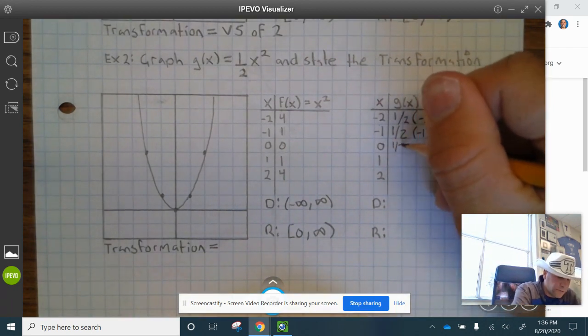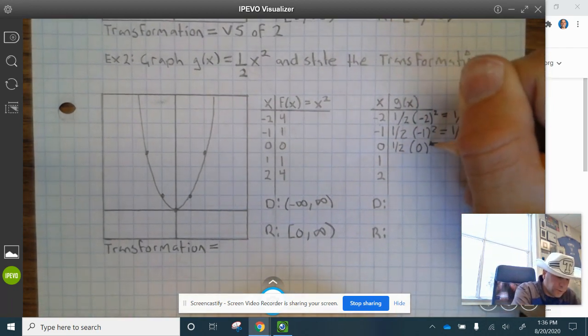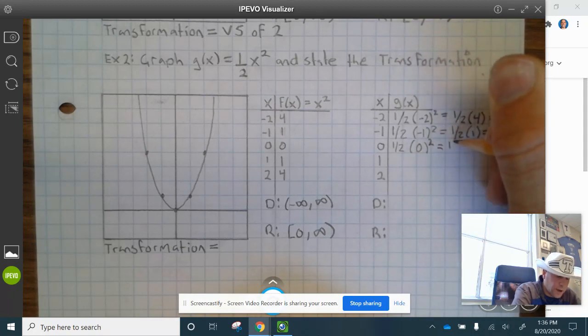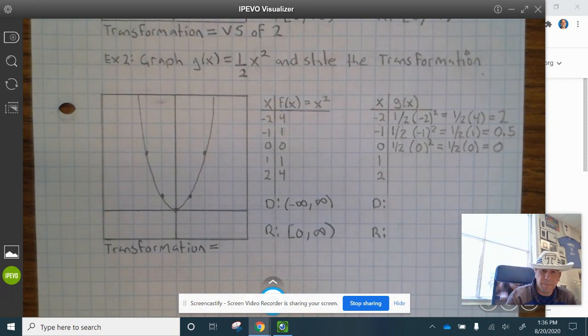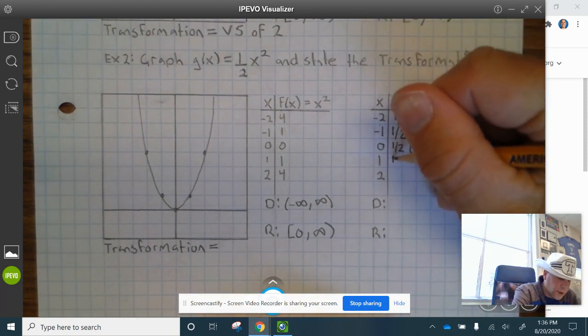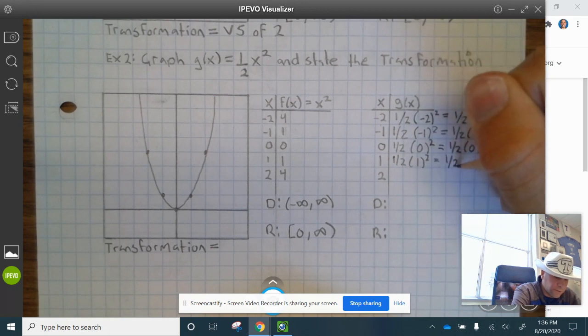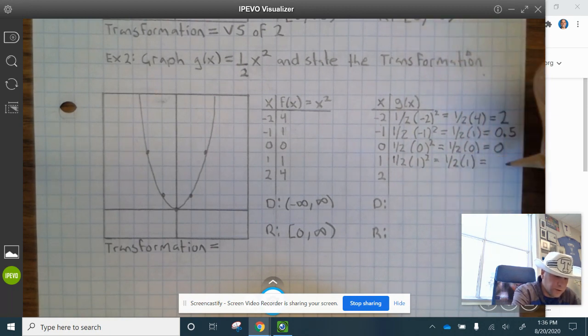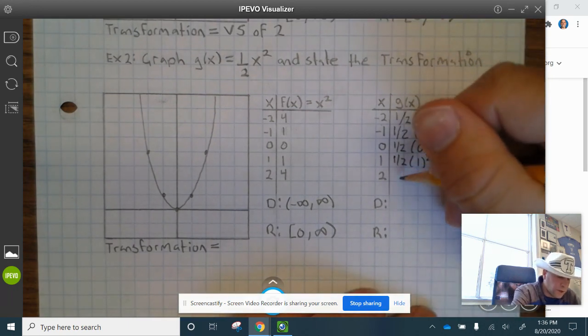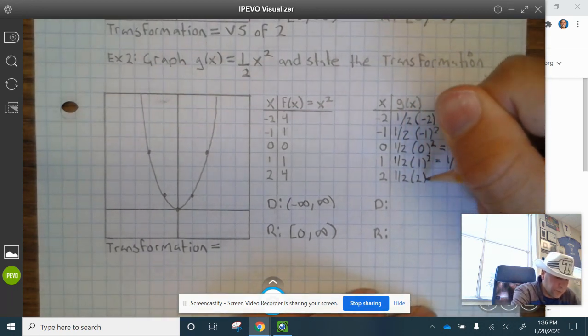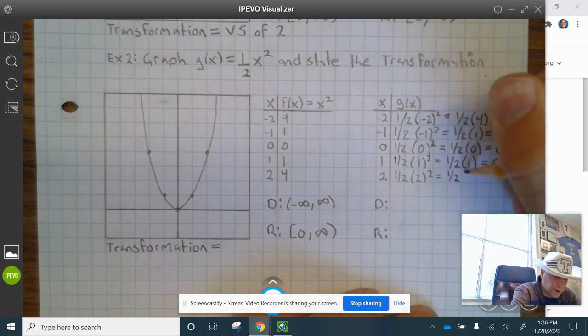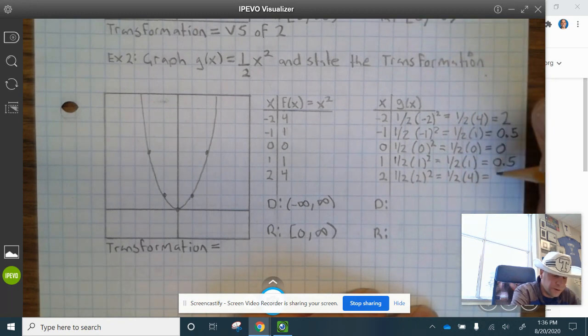Okay, 1/2 times 0 squared is 1/2 times 0, which is 0. Okay, 1/2 times 1 squared equals 1/2 times 1, which is 0.5. Okay, and then 1/2 times 2 squared is 1/2 times 4, which is 2.